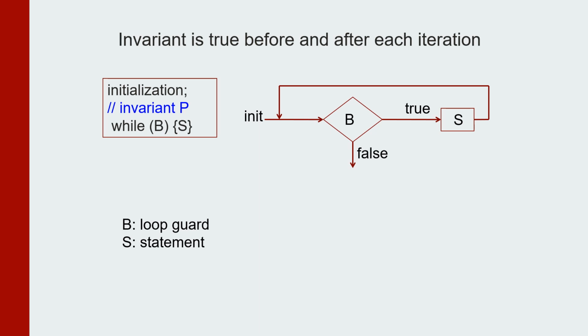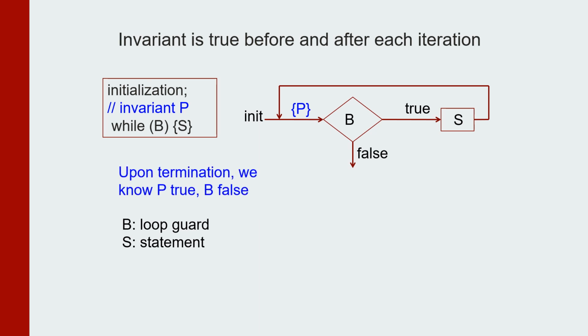Now I have this invariant p that I'm reasoning about that is going to be true when we go into the loop for the first time. Since I want p to be true before and after each iteration, p is going to be true after s executes, and then again as you go into b.